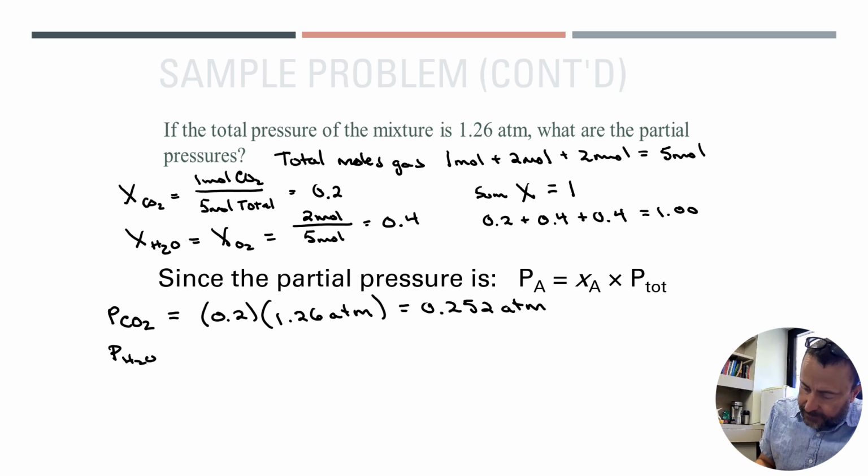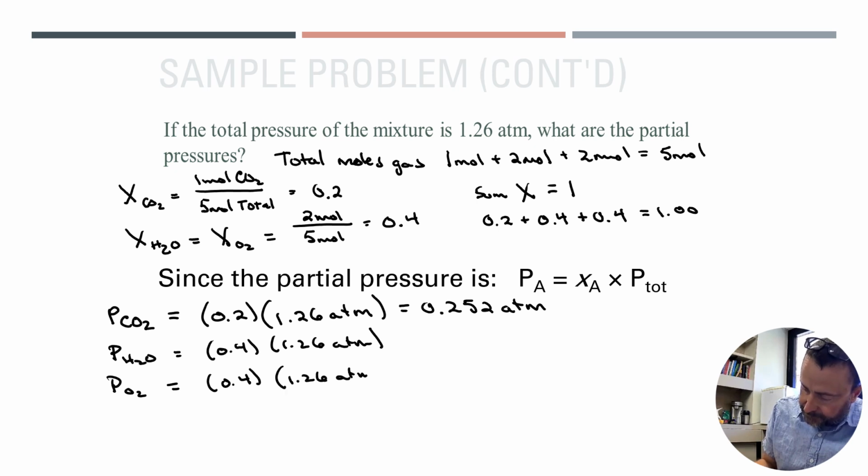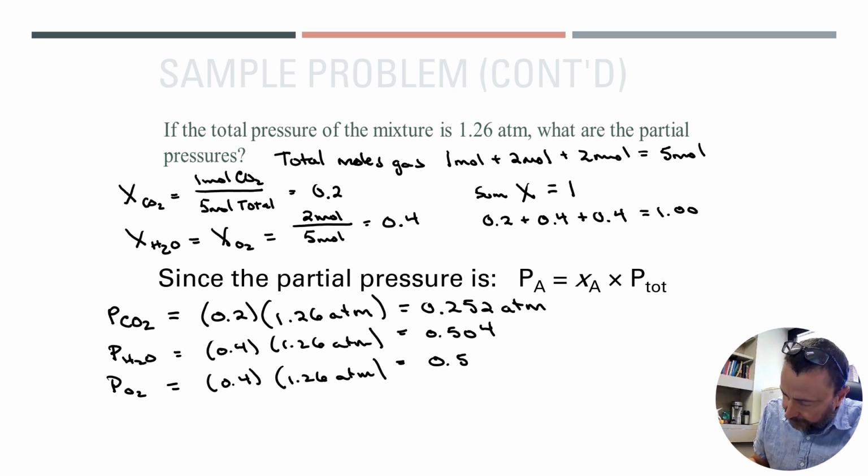I'm going to do this for water and oxygen as well. Both of them have mole fractions of 0.4. The total pressure is still 1.26. And so those are each 0.504 atmospheres.